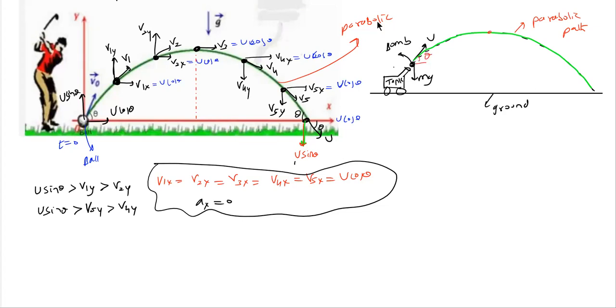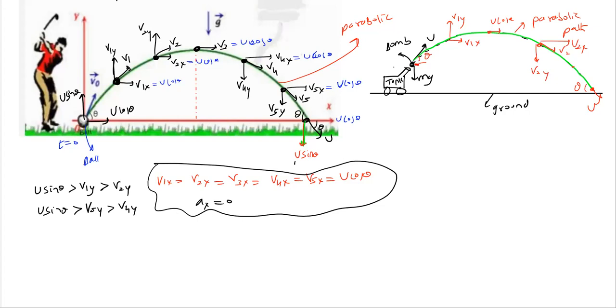Then here also, it will have v1x, v1y, here v3, v2x, v2y, u. Okay, this will be theta. We'll assume that it is projected from the ground, not from a certain height.